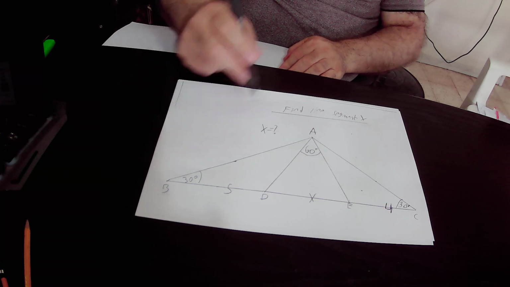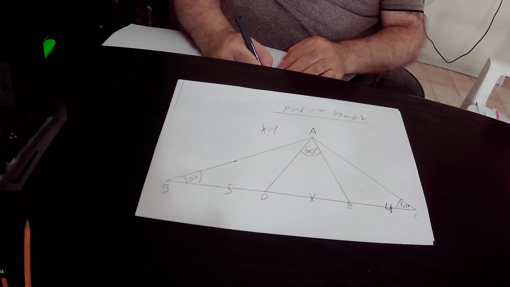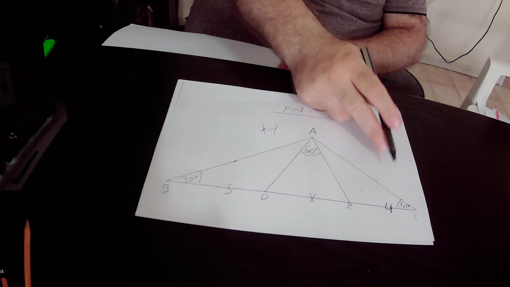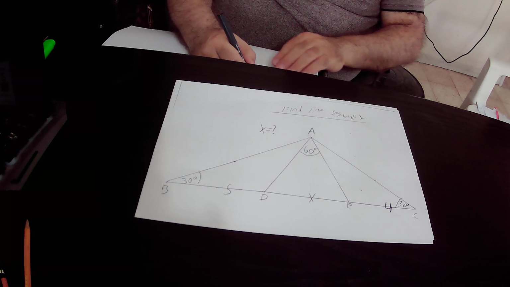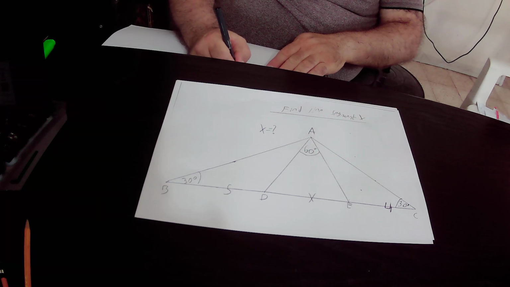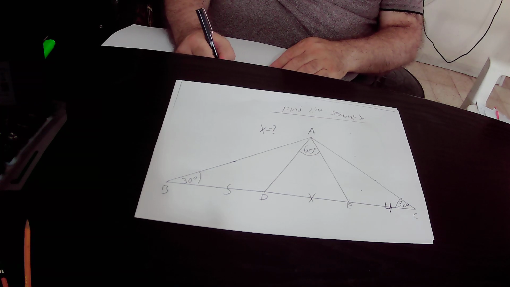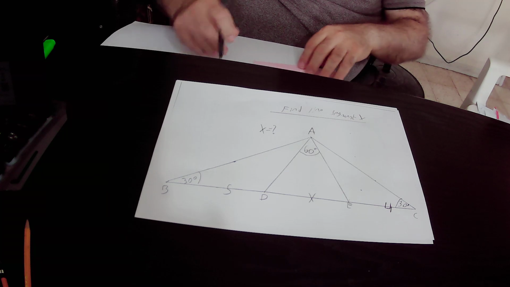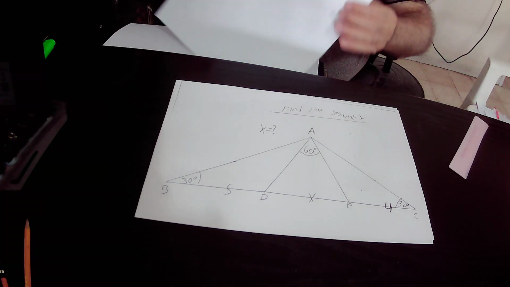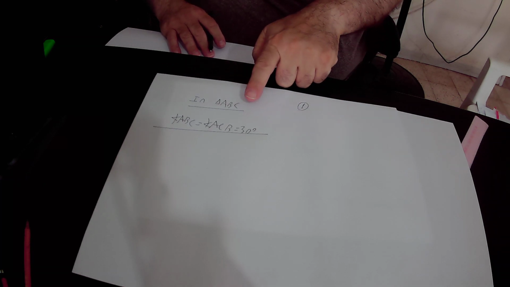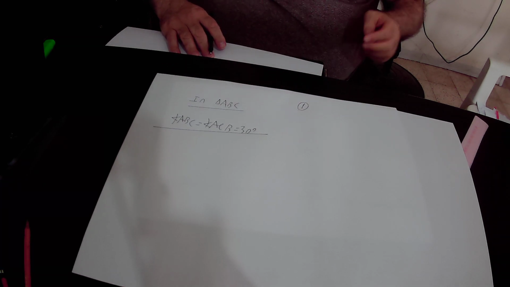Angle ABC equals angle ACB, and both angles are equal to 30 degrees. I repeat again, in triangle ABC, angle ABC equals angle ACB equals 30 degrees.